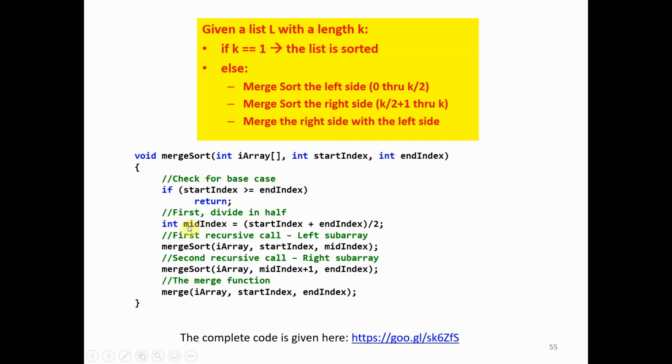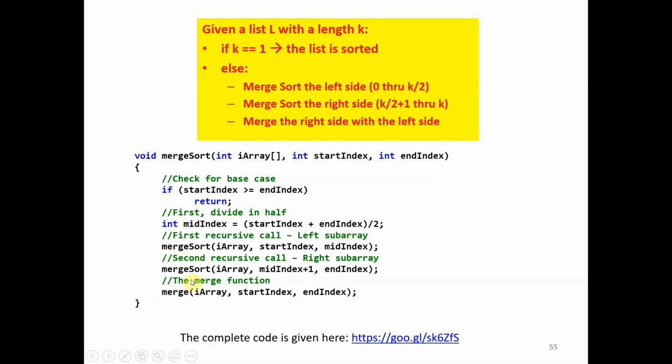We find the midpoint. We're gonna call the same function recursively, this time to sort the same array from start index to mid index, and sort the second subarray from mid index plus 1 to end index. Once these two are sorted, we're gonna merge them together.